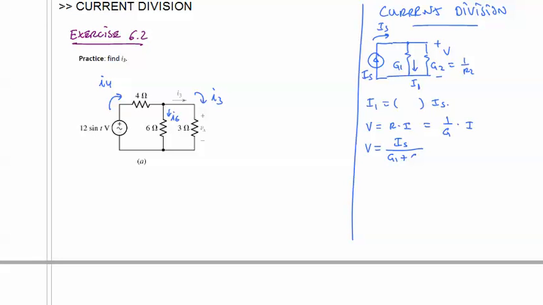And so we get G1 plus G2. Remember, when resistors are in parallel, their conductances add. Okay, so we can write this expression for V.